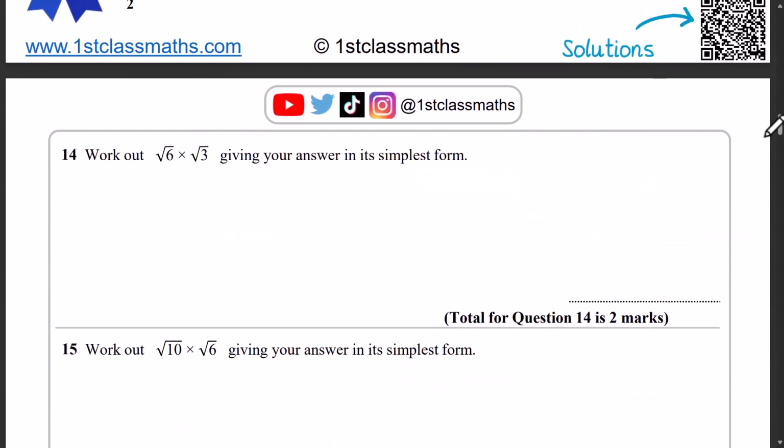And then for this, you need to work out this, give your answer in the simplest form. Now, if you multiply root 6 and root 3, it definitely gives you root 18. But 18 can be simplified because it can be written as root 9 times root 2, which will simplify to root 9 is 3. So that's 3 root 2.